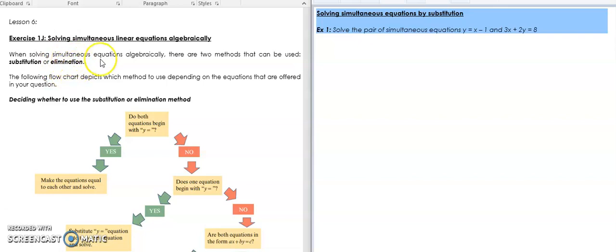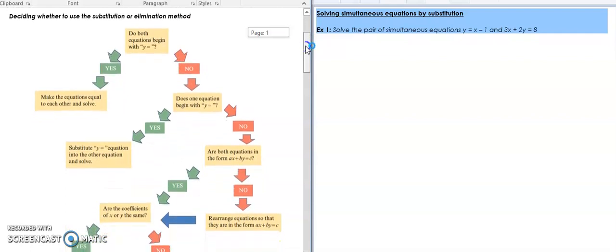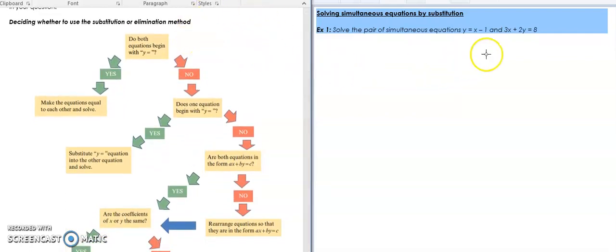The process of it is in this little flowchart here, which I'll get to in a second, but what we're going to be focusing on is the substitution method. So this chart here, we're going to have this help us determine what process we need to use in order to solve the two examples here, okay?